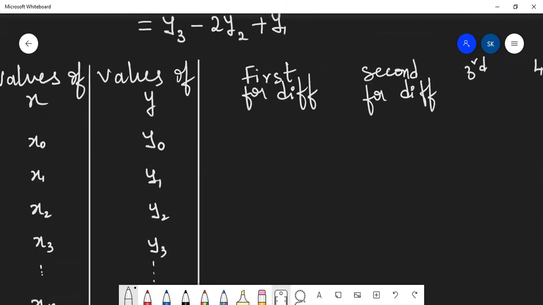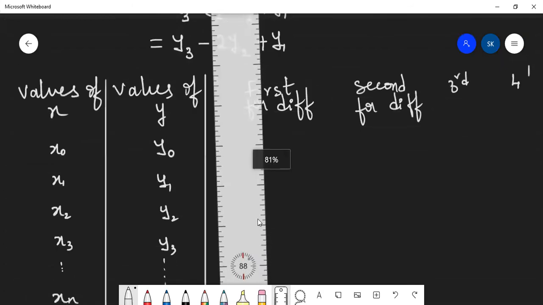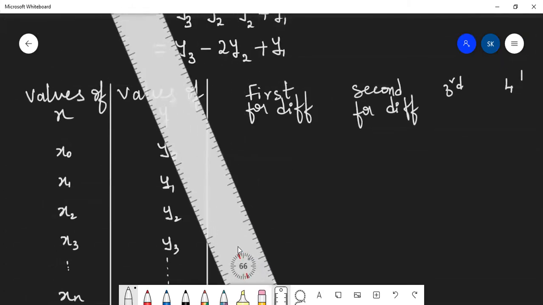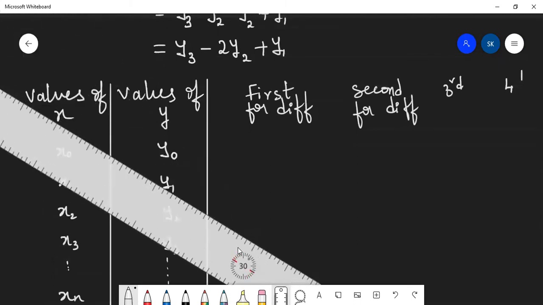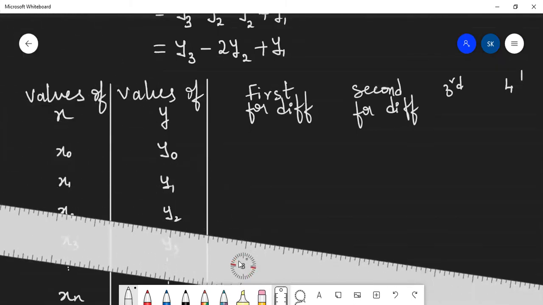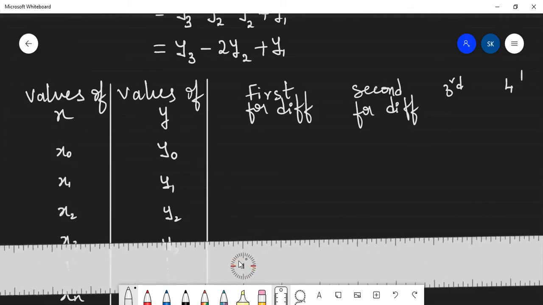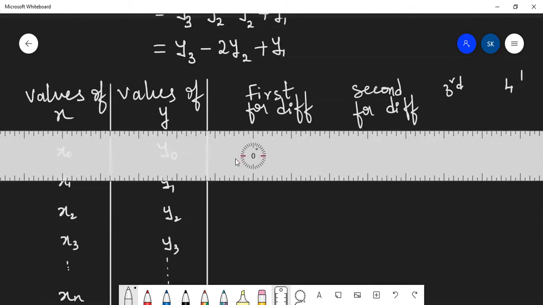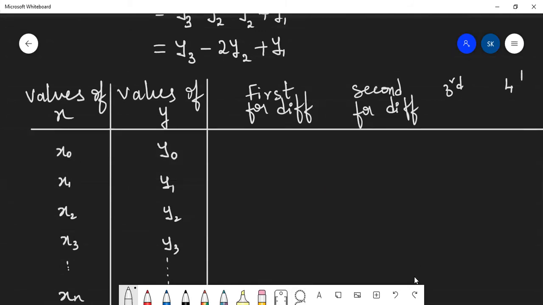Right? What is the first forward difference? It is y1 minus y0. The first forward difference is this term. See here, this y1 minus y0. So I am writing it as y1 minus y0.